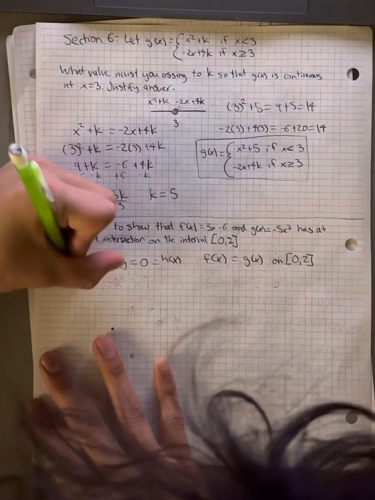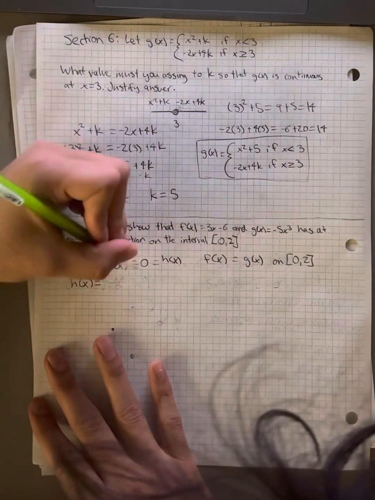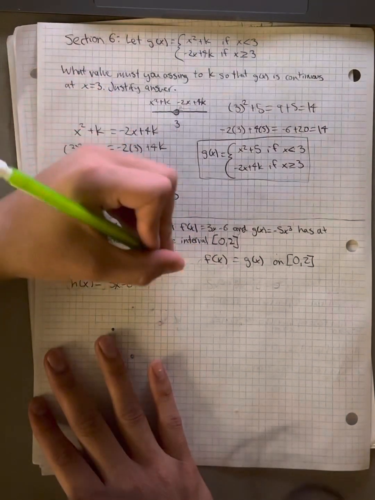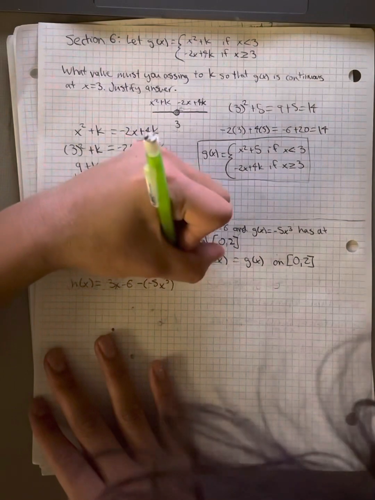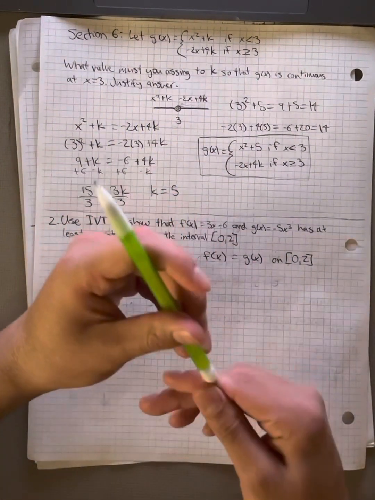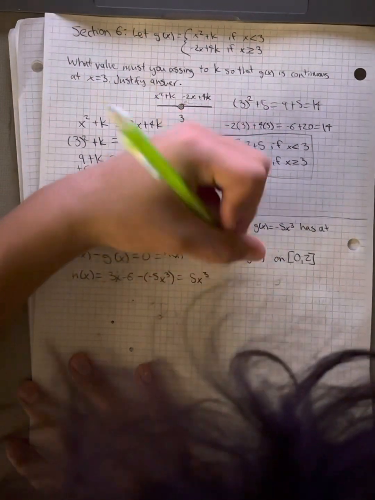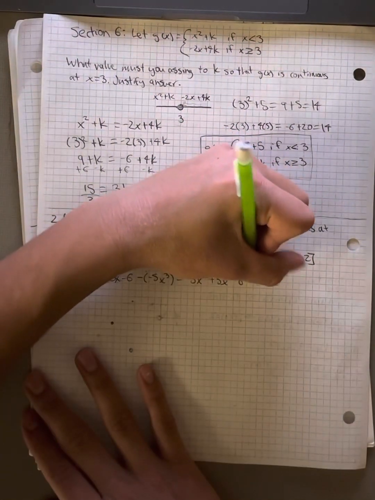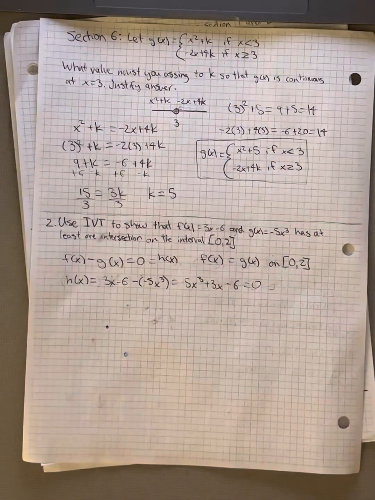So our h of x is going to be equal to f of x, which is 3x minus 6, minus g of x, so minus negative 5x cubed. So just rewrite this to make it look a little bit more satisfying. That is 5x cubed plus 3x minus 6, which has to equal 0 at some point between 0 and 2.